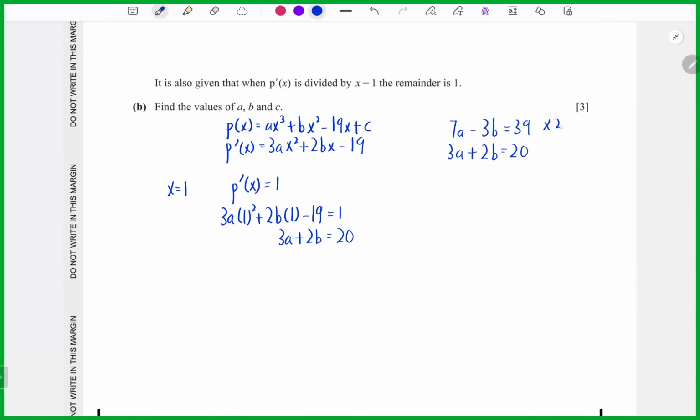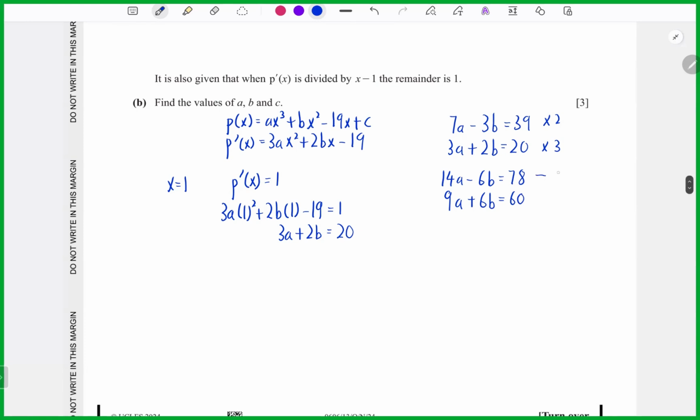Multiply the second equation by 2 and the first by 3. You will get 14a. Now we are using the elimination method to solve the linear simultaneous equations. 14a minus 6b equals 39 multiplied by 2, which is 78. And 9a plus 6b equals 60.